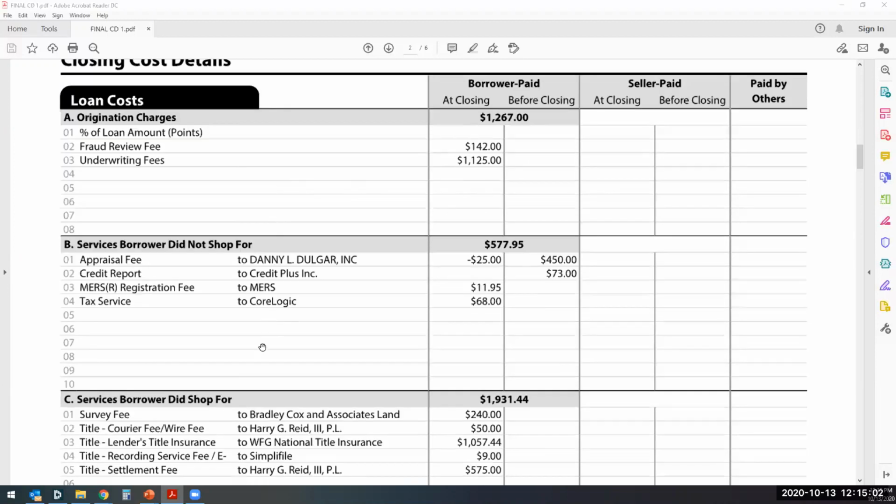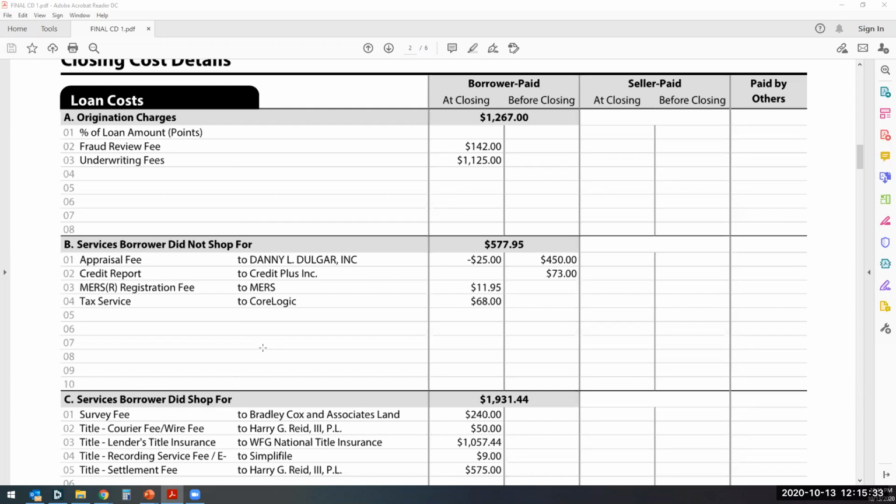Okay, number B is going to be the services the borrower cannot shop for or did not shop for. Okay, so the appraisal fee. You see that it is in the column that says paid before closing. The reason why is because the appraisal is paid up front. It's one of the only fees that they have to pay up front, and that's the reason why we're not adding it to the closing costs.